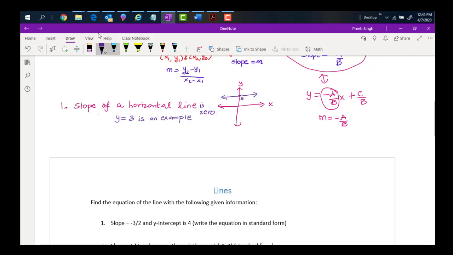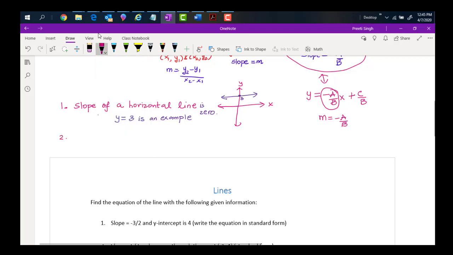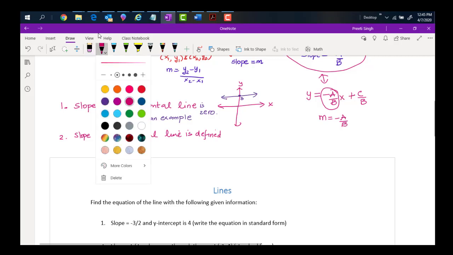Now the second one is that the slope of a vertical line is undefined. Why is that? Let me draw a vertical line right here on the diagram.